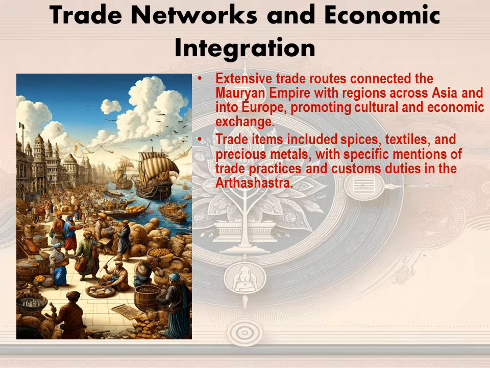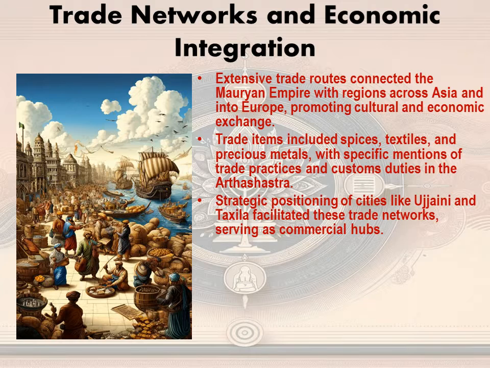Trading items included spices. As you know, India is known for spices, textiles, and precious metals, with specific mentions of trade practices and customs duties in Arthashastra. So, in Arthashastra, we even get to know about the customs duties which were enforced by the states on specific types of trading items like spices, textiles, or precious metals.